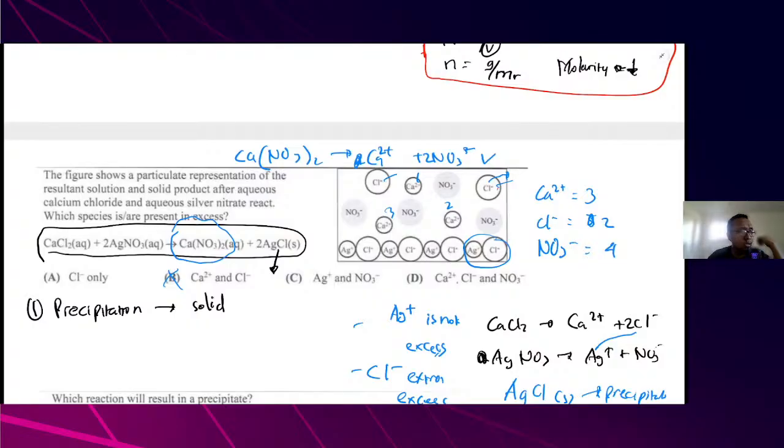Wait, this means 2 calcium and 4 nitrate over here, this one, leaving 1 calcium ion.